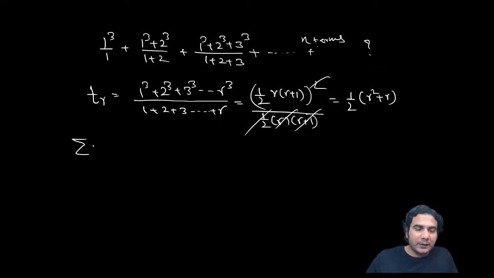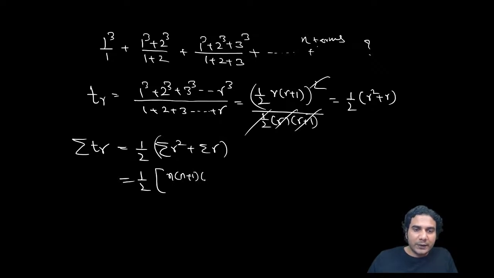Then you need sigma TR. This is the R term, okay? Now you need to add it. So if you add, sigma TR is going to be 1 by 2 of sigma of R square plus sigma of R, alright? Like this. Now put the values, you need the sum of n terms. So this is going to be 1 by 2 of sigma R square, which is n into n plus 1 into 2n plus 1 upon 6, and sigma of R is n into n plus 1 by 2, alright.